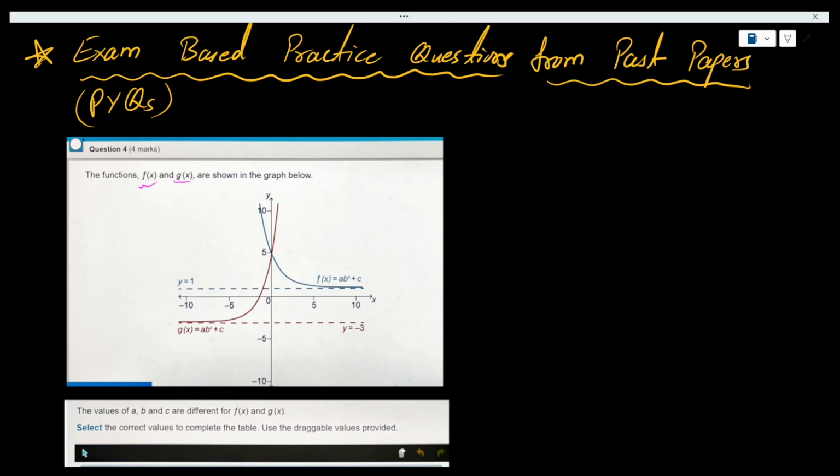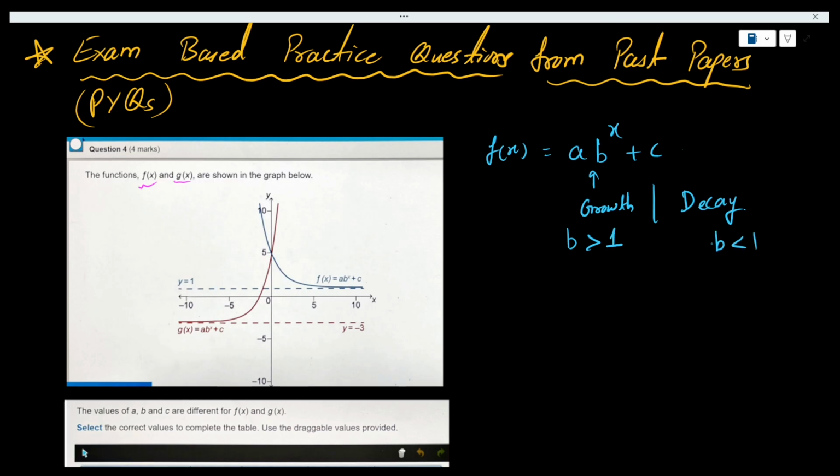Now first you have to remember that both the functions are given in the form a b to the power x plus c. Here b is the growth or decay factor. For growth, b will be greater than 1. Here b is going to be between 0 and 1.